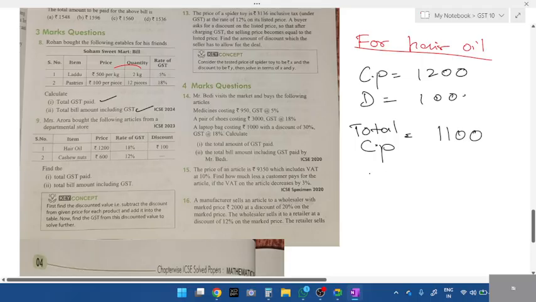On top of that, how much GST you have to add? GST amount is 18%. We'll calculate 18% from which one? 1200 or 1100? Yes, students respond. 1200 or 1100?